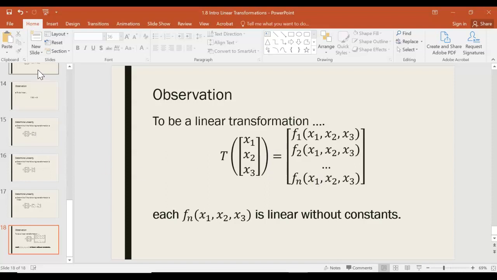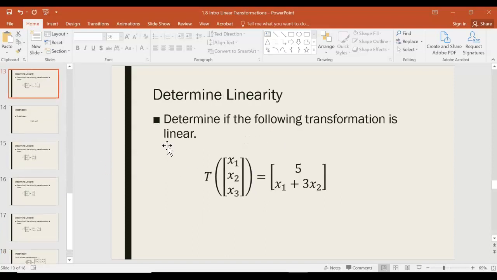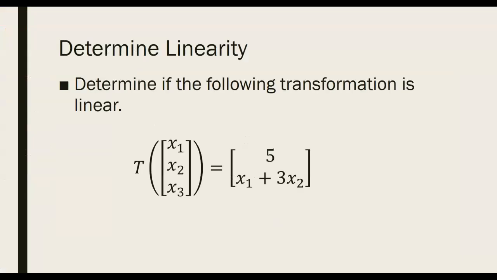And then when we go back up and we look at our very original one we dealt with, we can immediately say, yes, this can't be linear because of the constant 5 that's there. We say, yes, this one is linear because notice that each entry of my image is a linear combination of the entries in my input vector.